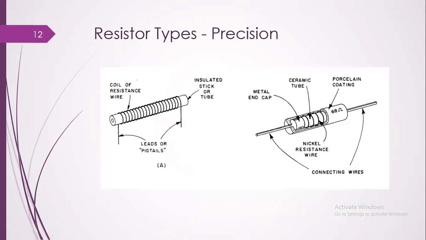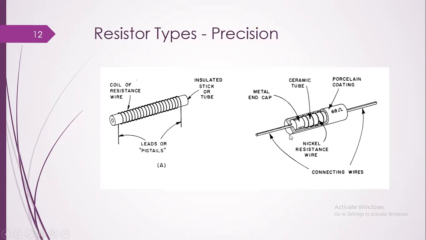Resistor types and precision: resistors consist of a coil of resistance wire wound on a rod, which is an insulated stick or tube, in this way.